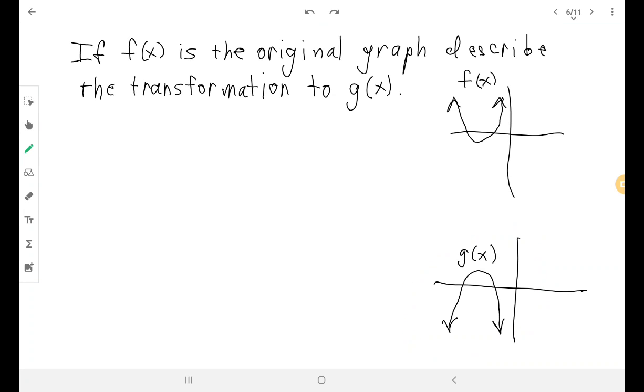So from f of x to g of x, there is a flip in what direction? In the y direction, right? It's gone from pointing up to pointing down, so we flipped it. We've flipped up and down. We've swapped up and down. So that's the y direction.